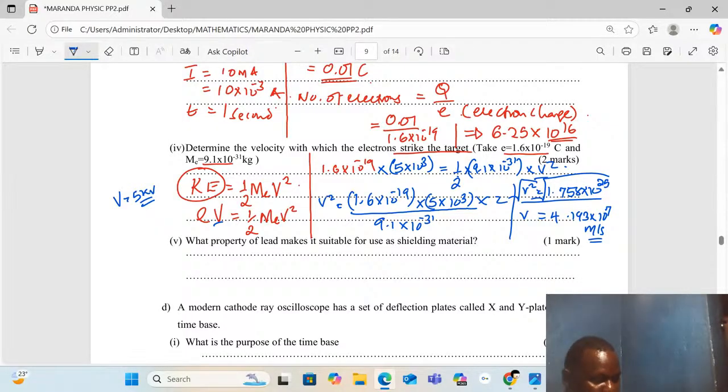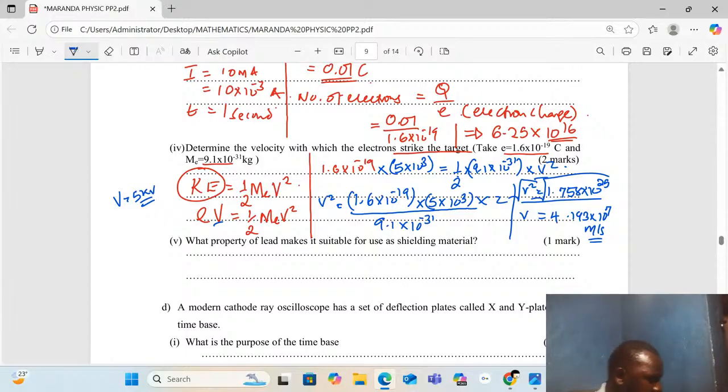What property of lead makes it suitable for use as shielding material? Remember, this is used especially in places where we have so much radiation, and the reason is because of its density.